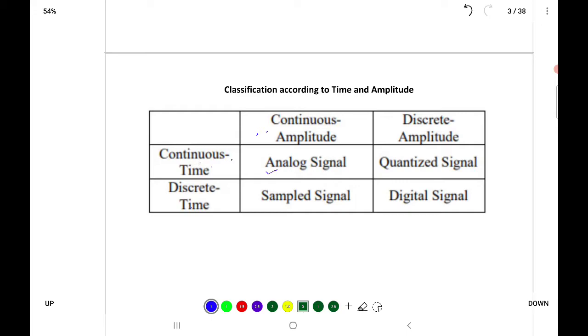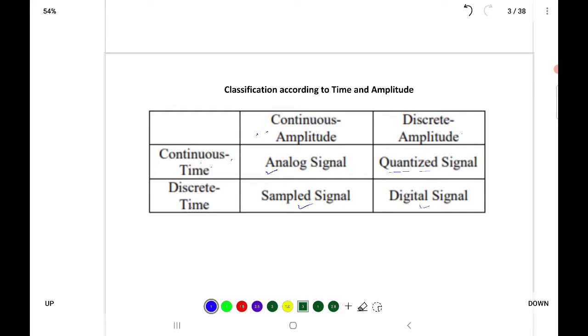If the time is continuous but the amplitude has discrete values, it will be called quantized signal. And if the time is discrete and the amplitude is continuous, it's called sampled signals. And if you have both, the time is discrete and the amplitude is discrete, it's going to be called digital signal.